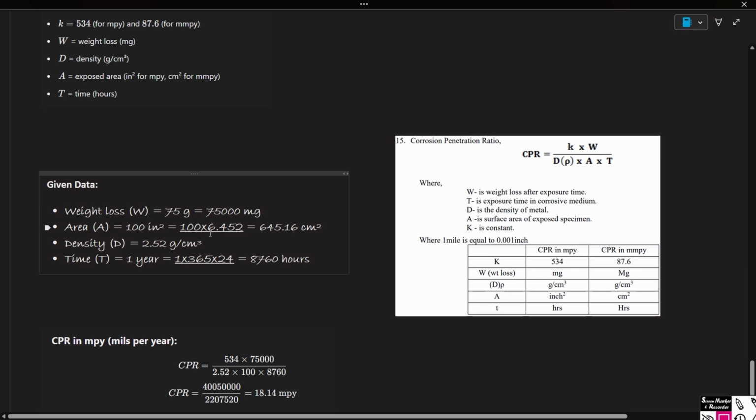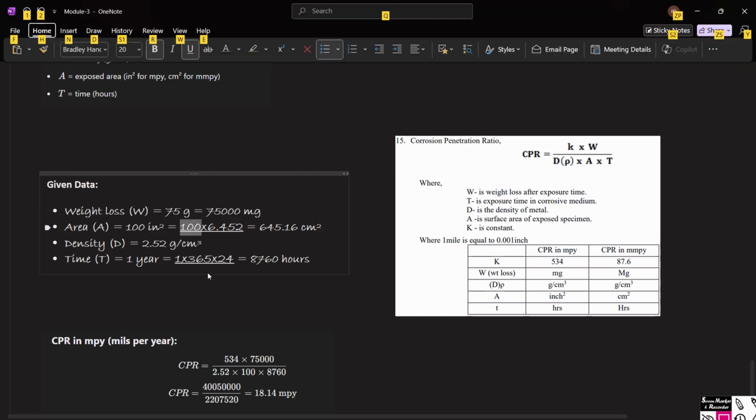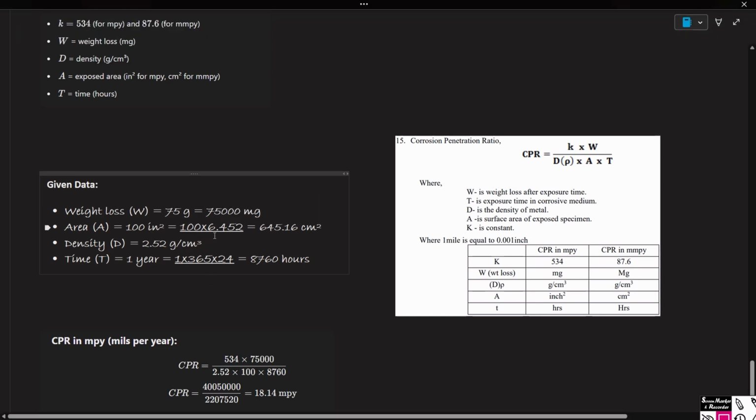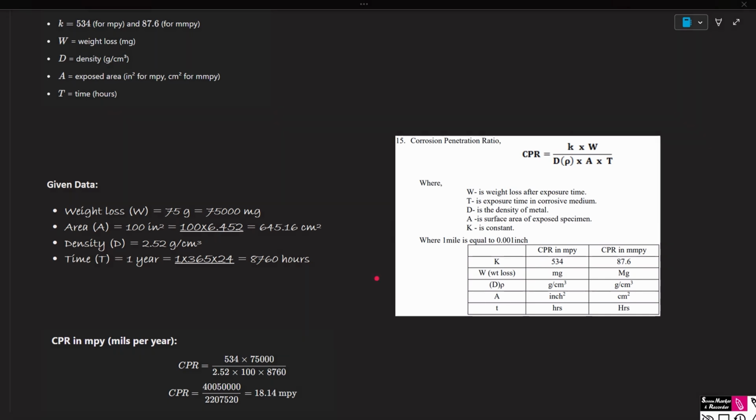So multiply the given 100 or any inch square value by 6.452. Just remember this value, 6.452, to convert it into centimeter square. Okay, density remains the same. For 1 year we have 365 days. In each day we have 24 hours, so it will be 8760 hours.